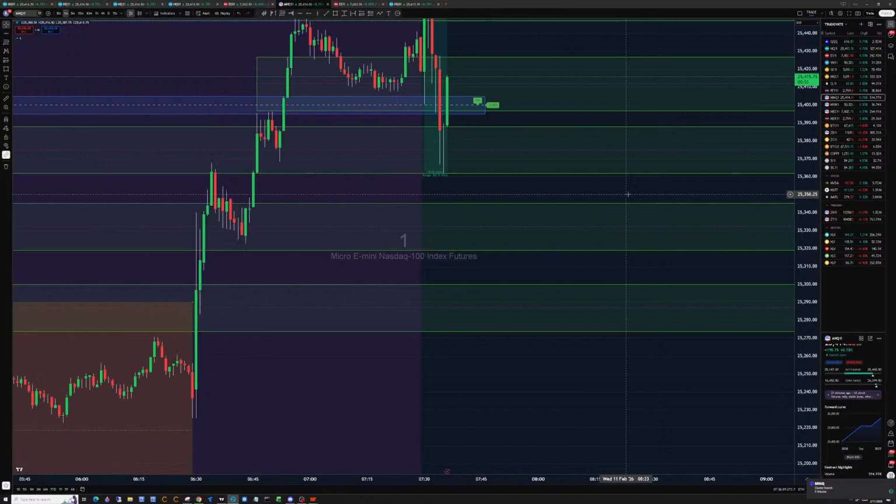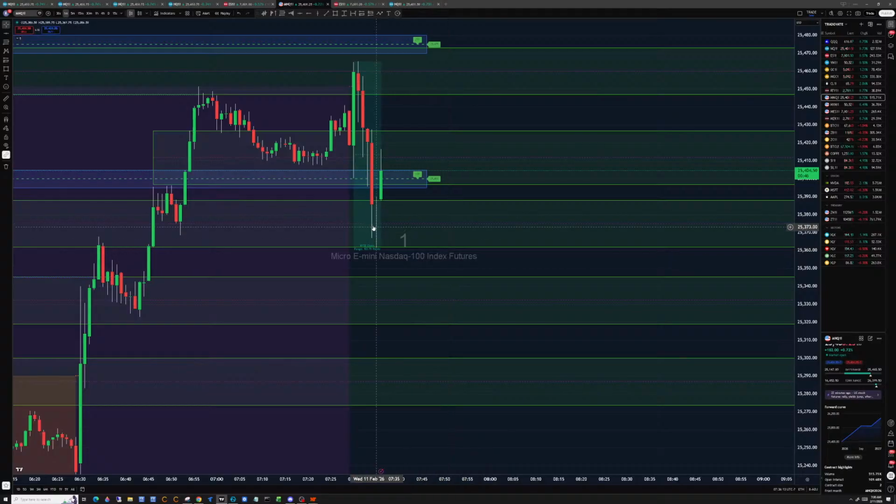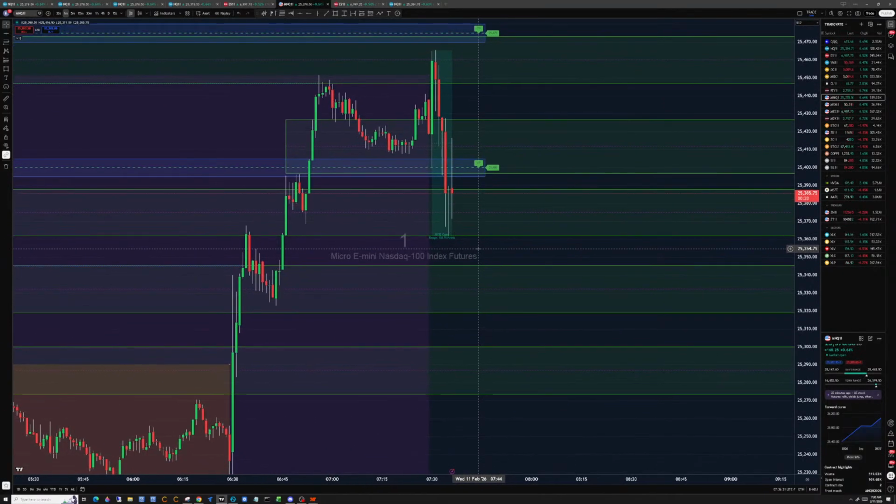This reversed pretty good off of that one too. And if you notice, these are not really set at 25-point levels. I've got these marked up based on volume and order flow that I was reading.